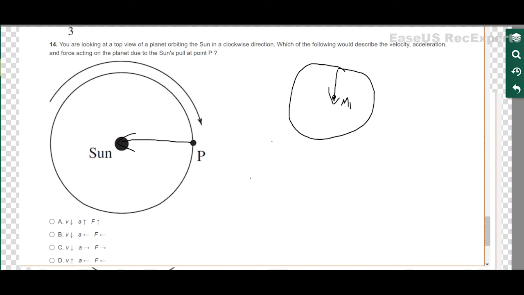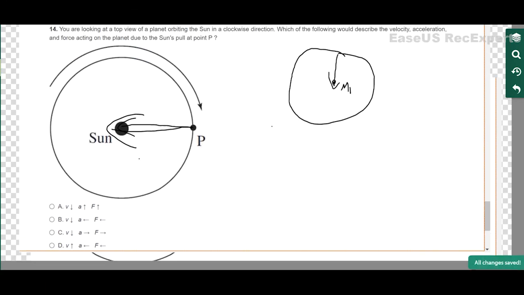So in this case, your force at point P will be pointing toward the sun. And your force is also in the same direction as your acceleration. So both your F and your A should be pointing toward the center. Right, so we can cancel out C and A from that. Now our choices are between B and D.